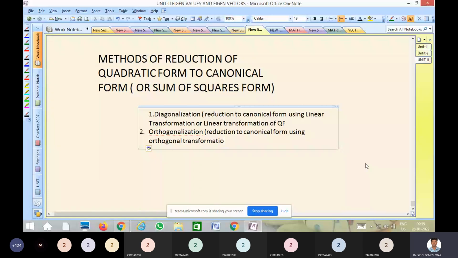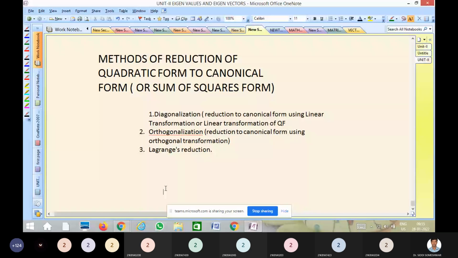And you can see here the third one, Lagrange's reduction. So these are the three methods we have to reduce the quadratic form to canonical form, or we can say sum of squares form.